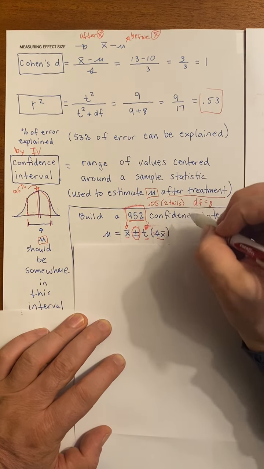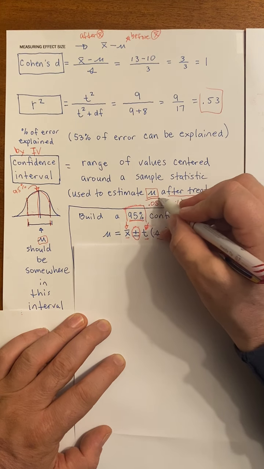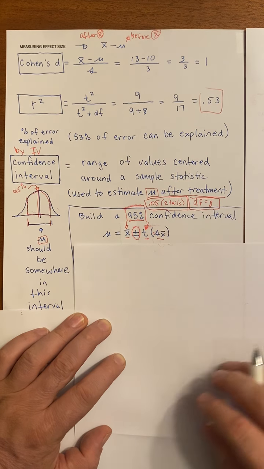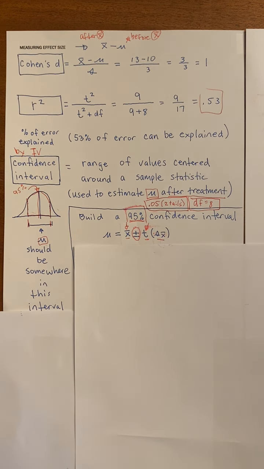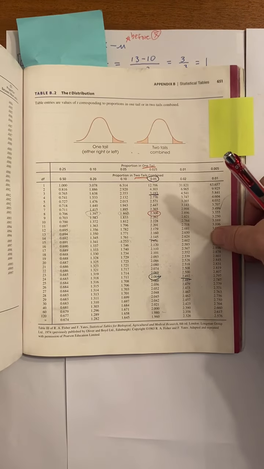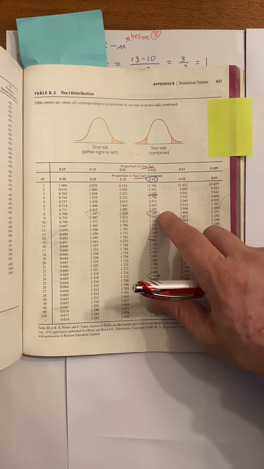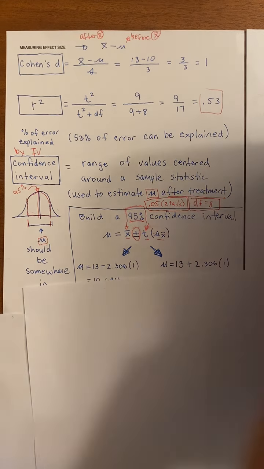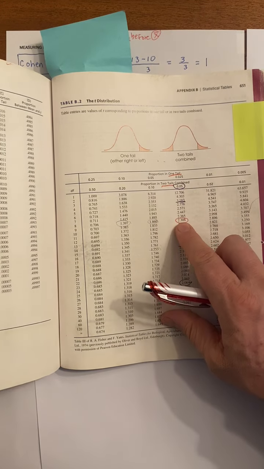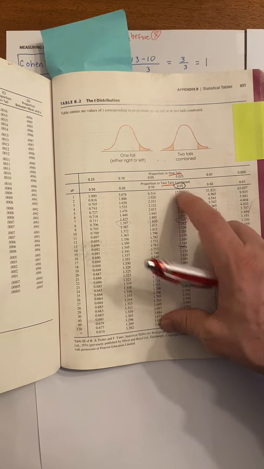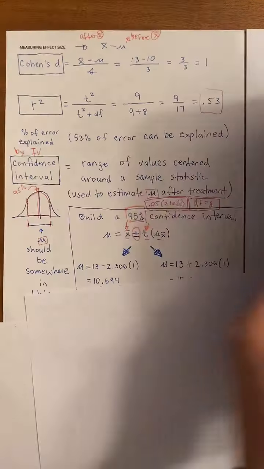Okay, so I'm going to go to my t table and look those 2 bits of information up. When I do, I'm going to use that critical value of 2.306 because it's there, there, and there.